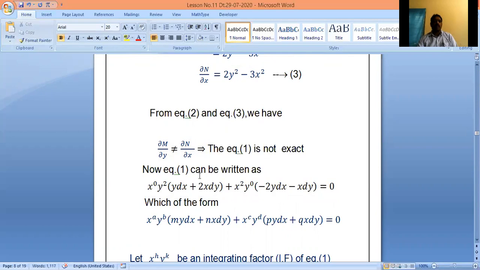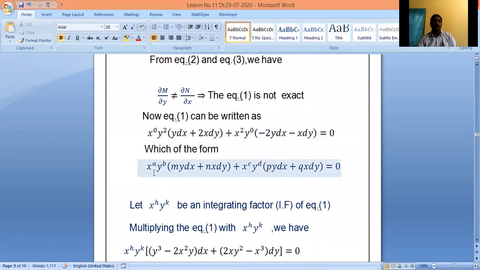Now, equation 1 can be written as x⁰ y² (y dx + 2x dy) + x² y⁰ (−2y dx − x dy) = 0, which is of the form x^a y^b (my dx + nx dy) + x^c y^d (py dx + qx dy) = 0.